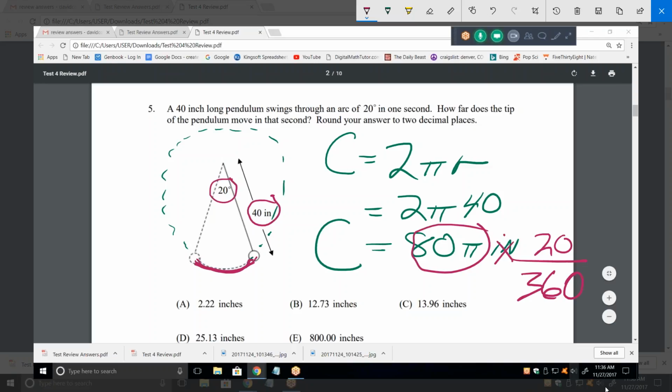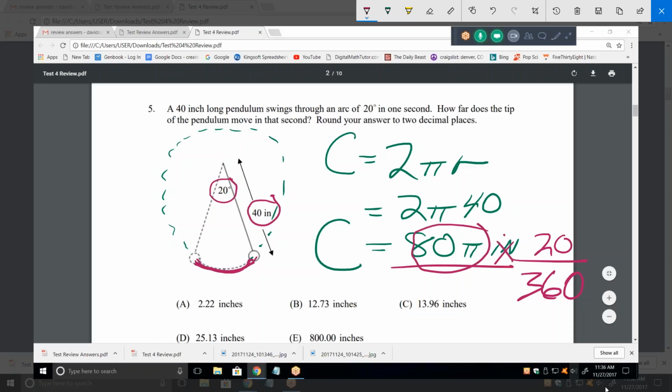So what do you get when you divide 80 pi by 18, rounded to 2 decimal places? You have your calculator available? Yeah, it takes a while to turn on though. That's okay. Take 80 pi and divide it by 18.